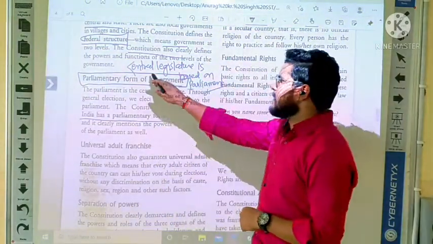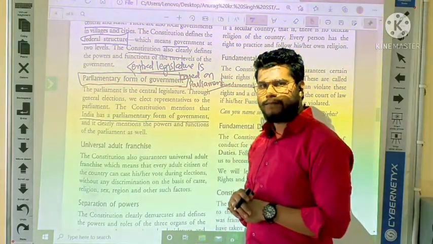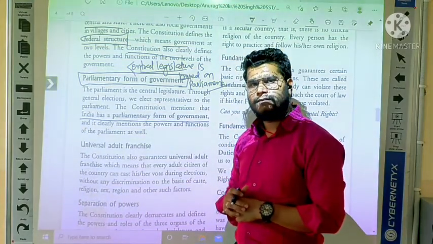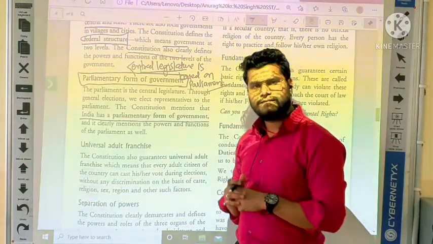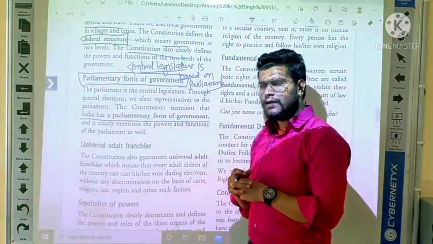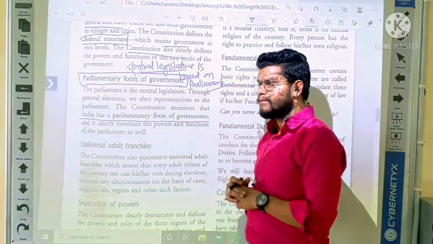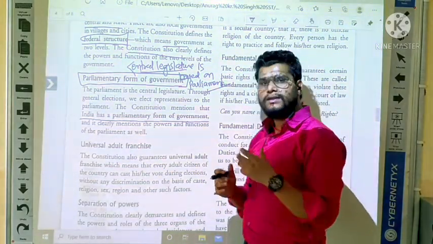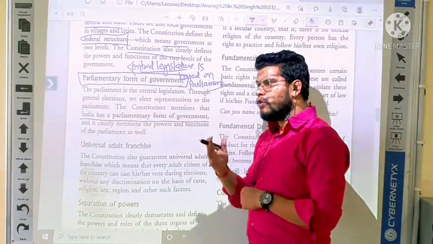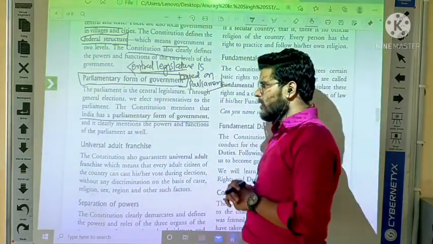Okay, and central legislature means the elected representatives. For example, MPs, our prime minister, our ruling party and our opposition party. All these are examples of central legislature. Okay, Lok Sabha, Rajya Sabha come under this parliament.